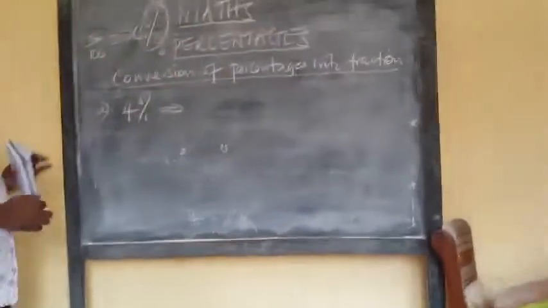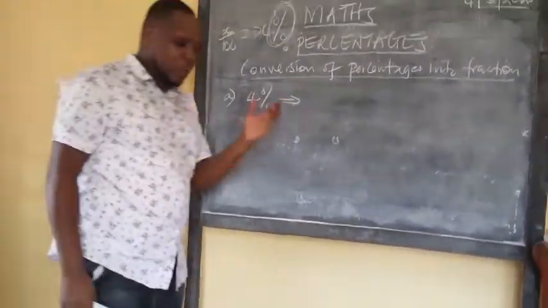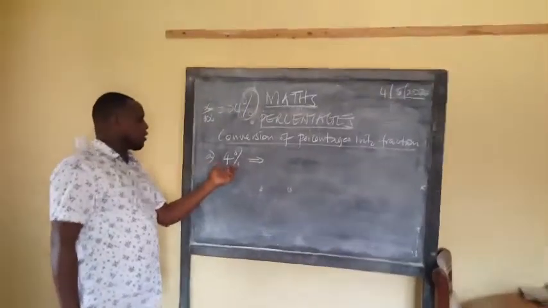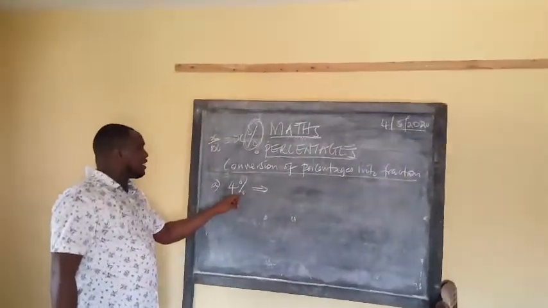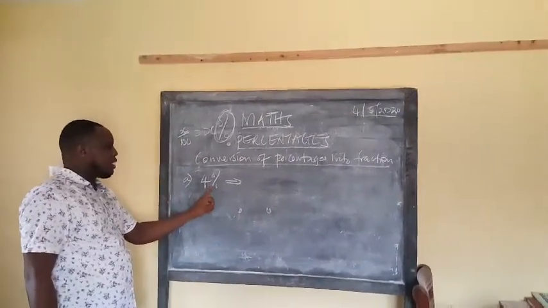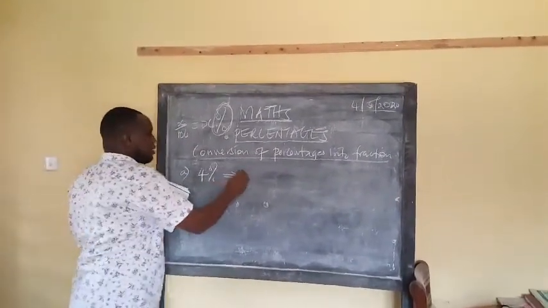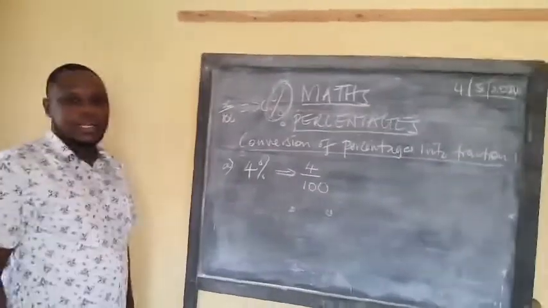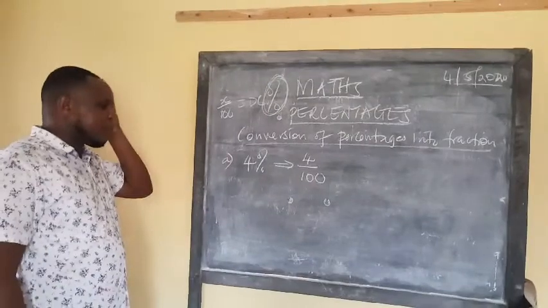into a fraction, we are simply going to write, what other version can we write this into? The other version of this is just what I said, x over 100. So we are going to write this number over 100. And this means simply 4 over 100. And that's what we mean by 4%.